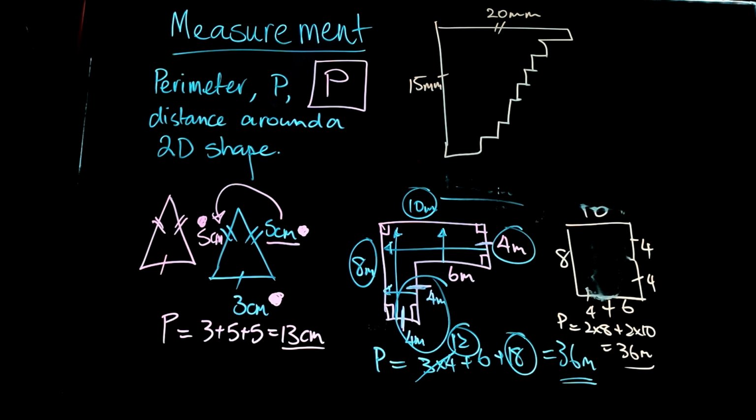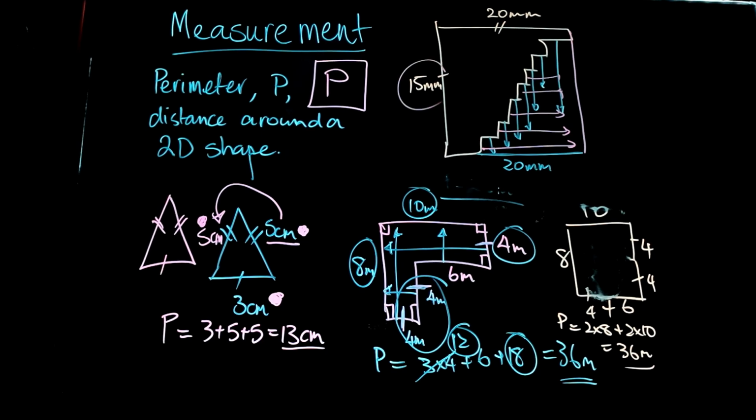But if I apply the same sort of thinking, it doesn't really matter if I drag all these bits of the shape, all the horizontal bits, drag them down here and fill this line in here. All those bits will add up to 20 millimeters. And what I can also do is drag all these vertical parts over to form the other edge. And that will be the same as this guy. We're at 15 millimeters here.